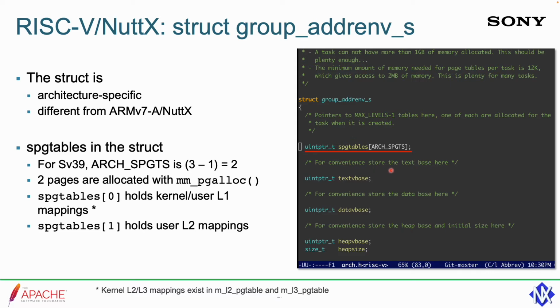In the case of Sv39, 2 page tables are allocated with mm_pgalloc. spgtable 0 holds kernel and user L1 mappings, and spgtable 1 holds user L2 mappings.